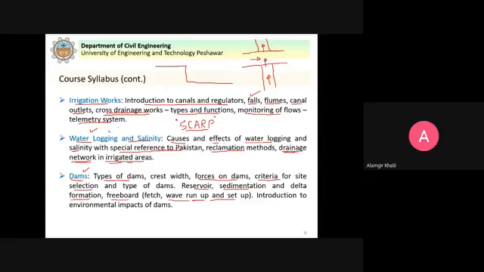But on the other side, the dams also have negative effects, because we regulate the flow of rivers, so the natural ecosystems are affected. Also, you are storing the water, so it has an impact on the environment.